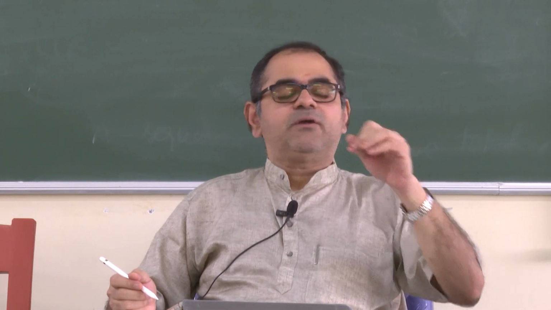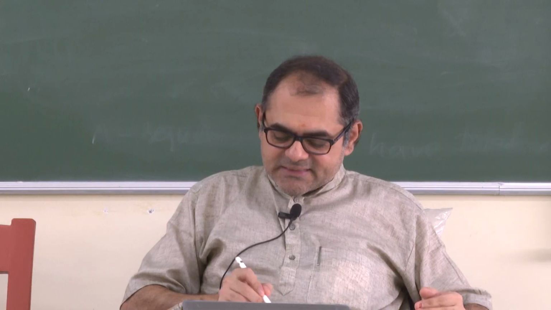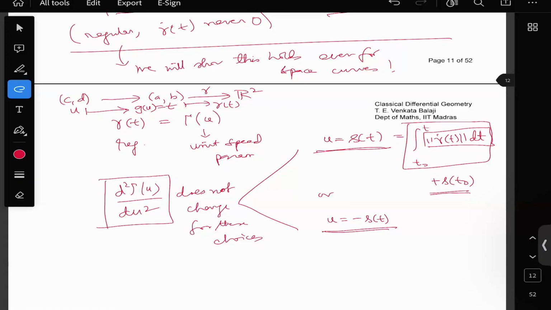So the point is that whether you are going to use arc length or negative of the arc length, and that actually amounts to trying to measure arc length in one direction or the other from a fixed point, all right. So from this it's more or less clear that your definition of curvature has got nothing to do with parameterization, okay.